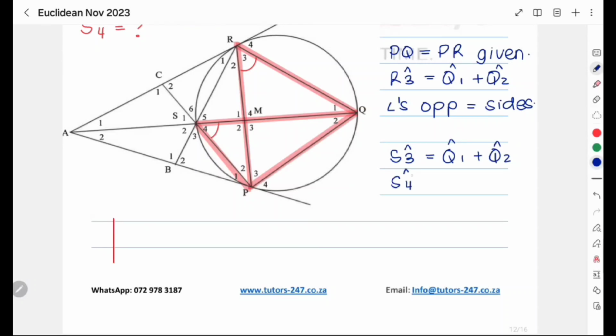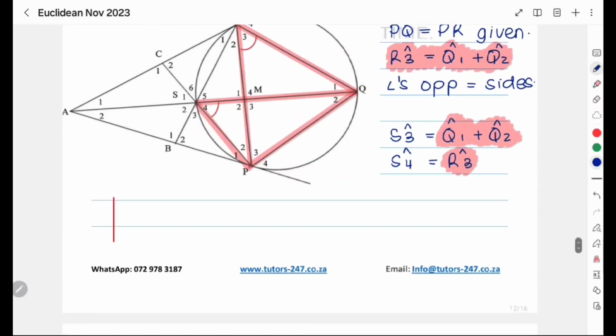So from here, because we know that S3 is equal to Q1 and Q2, and S4 is equal to R3, and R3 is equal to Q1 and Q2, we just discussed this over here. That therefore means that S3 is equal to S4.